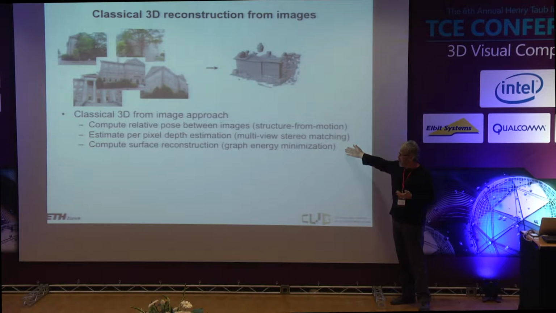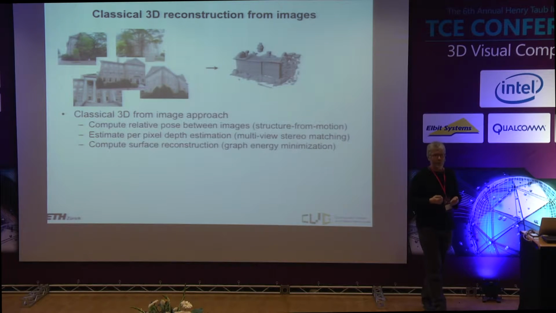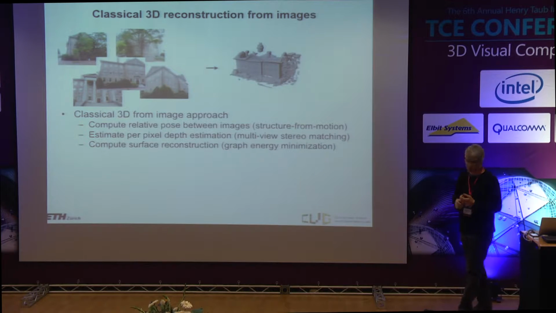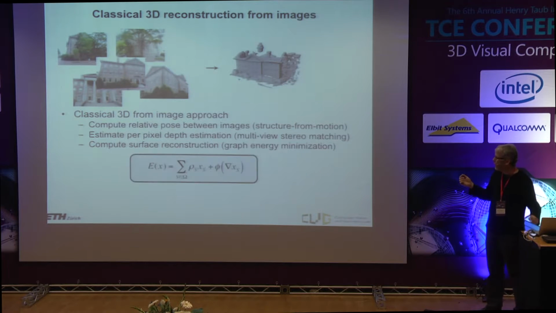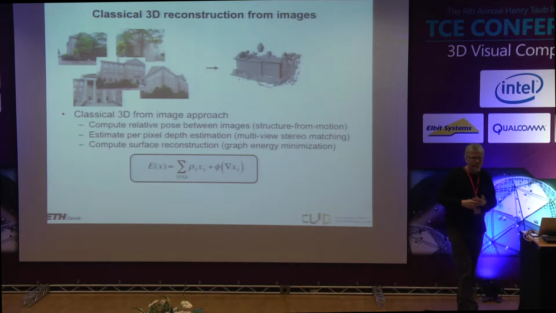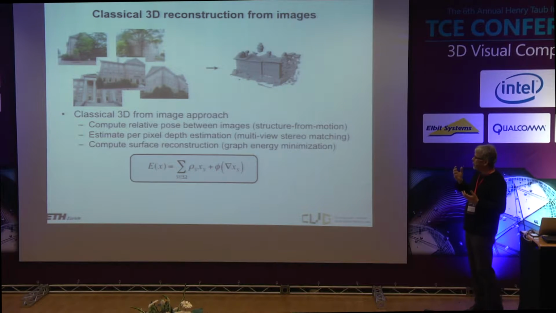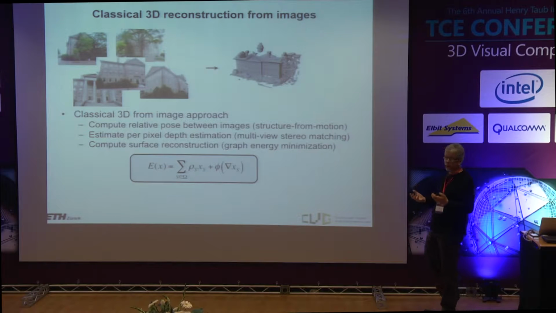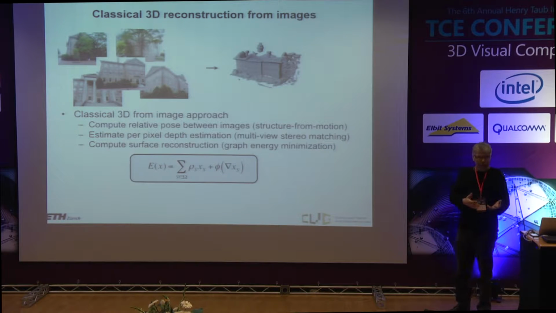And the last step typically is to extract a surface, and that's typically done through a graph energy minimization. This graph can be a regular grid, it can be a tetrahedral or irregular, data-driven grid. It can be done with graph cut, or in a continuous domain. Essentially you separate space into the occupied part and the empty part.